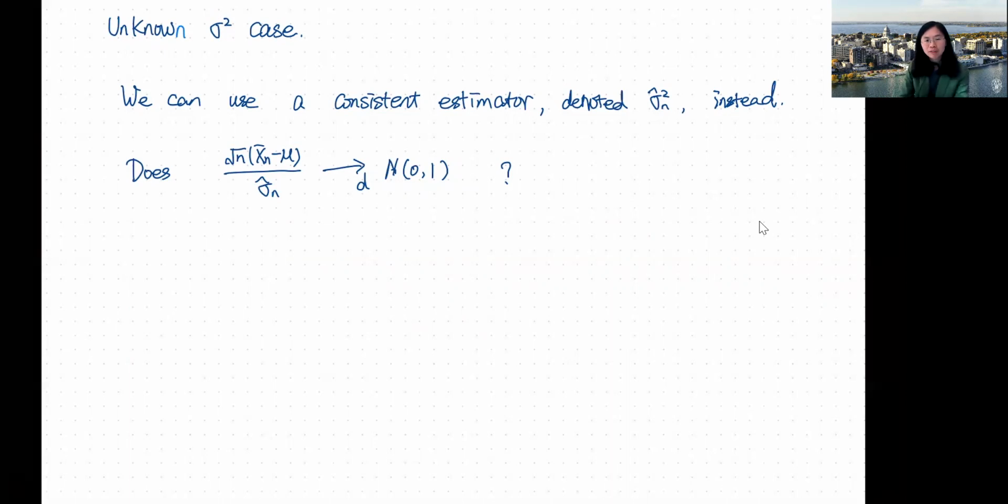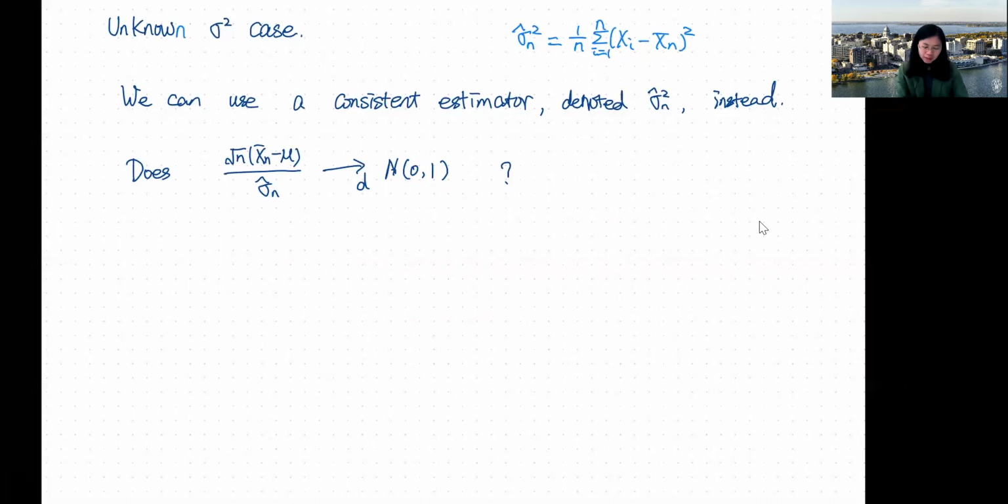In fact, we have introduced two consistent estimators of it, but we can just consider one of them. We can consider this one. The other one works just as well. We can consider this estimator for sigma squared. The estimator is a consistent estimator, which we have proved already.